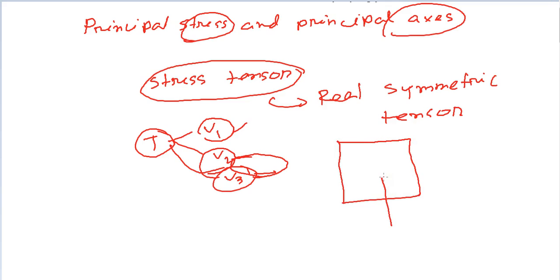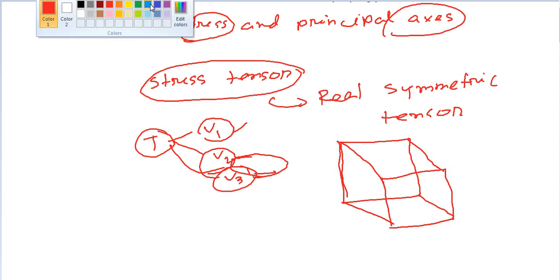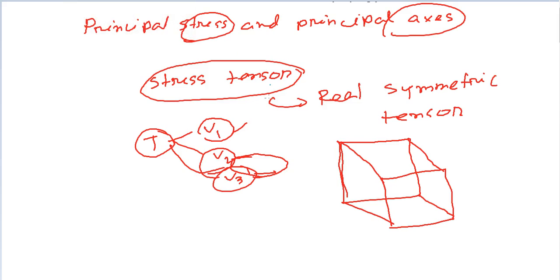For example, in a three-dimensional case, say it's a cube, so we have three mutually perpendicular planes. I'm going to change the color, it'll be helpful. We have this axis, another axis, and another axis. So we have plane one, plane two, and another plane here.